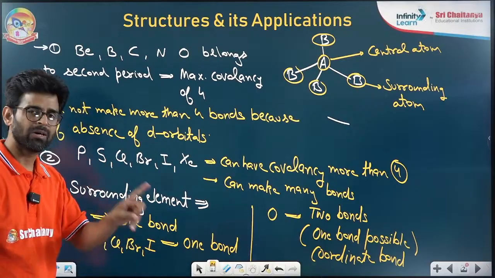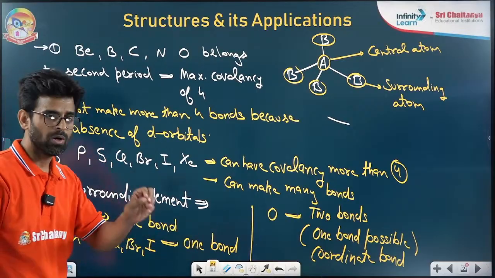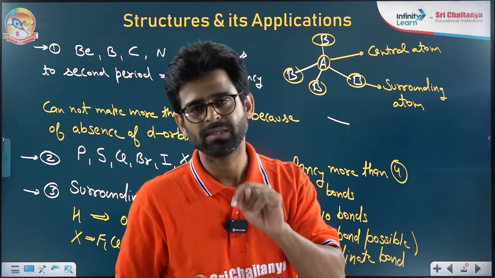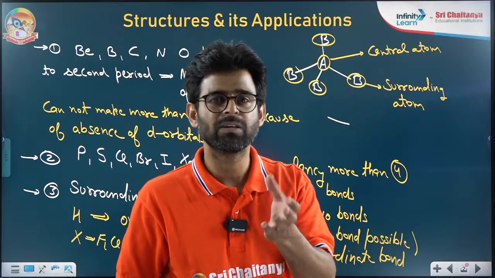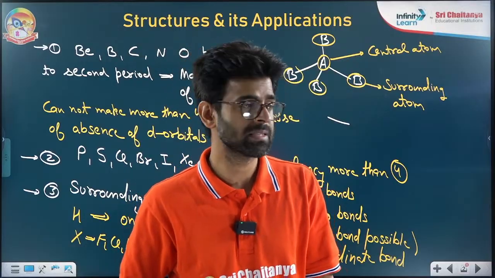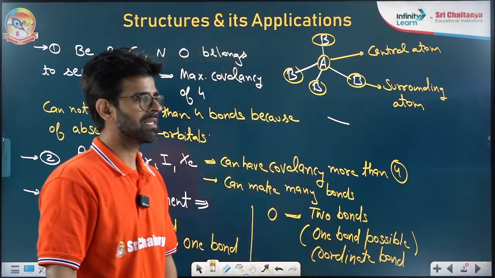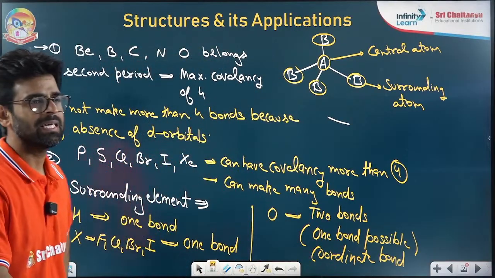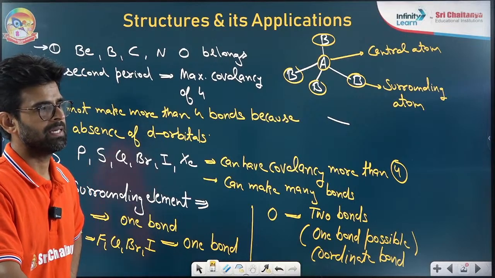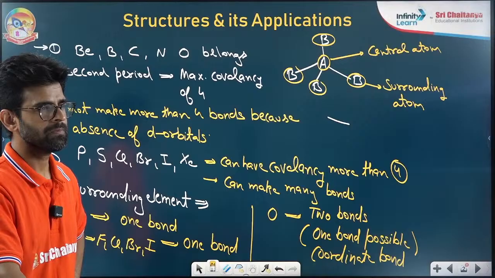Halogen as surrounding makes 1 bond. And oxygen in 99% of cases makes 2 bonds, rarely sometimes 1 bond, as a surrounding element. Are we clear about this? I will start examples then. Tell me, are we clear up to here?